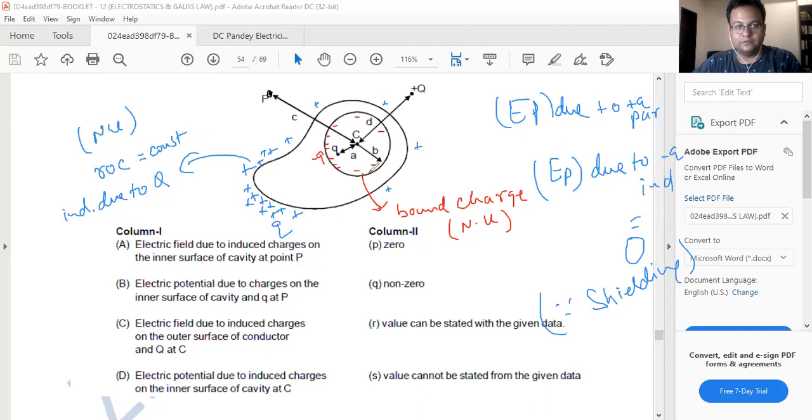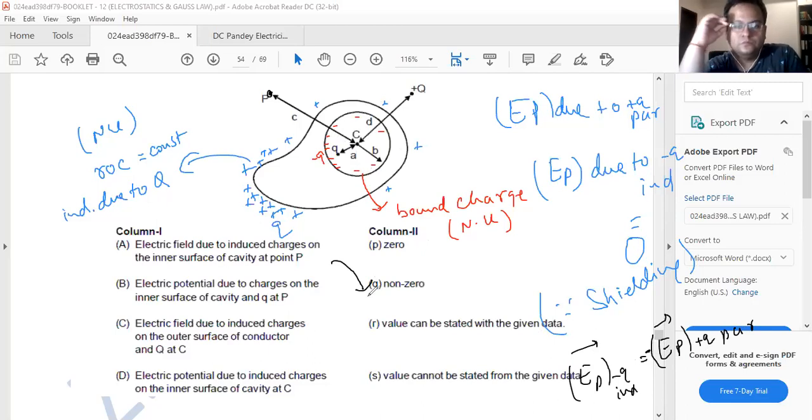Understood? Electric field at P due to the minus Q charge on the inner surface is equal to the electric field at P due to the charge particle. See if you're clear with this. And the direction will be opposite, so I can put a minus if needed. Clear? Yes or no? Yes.